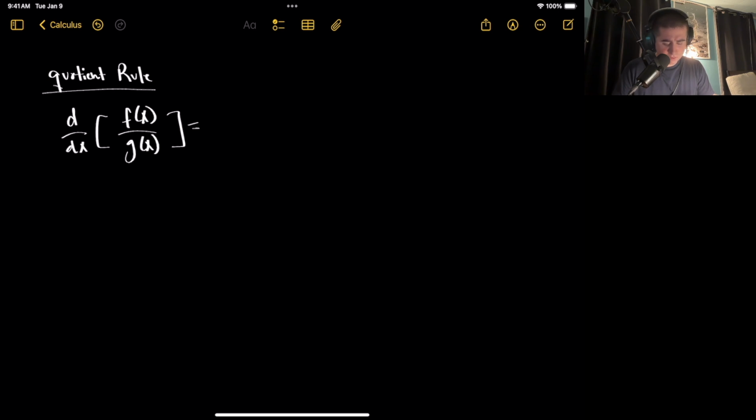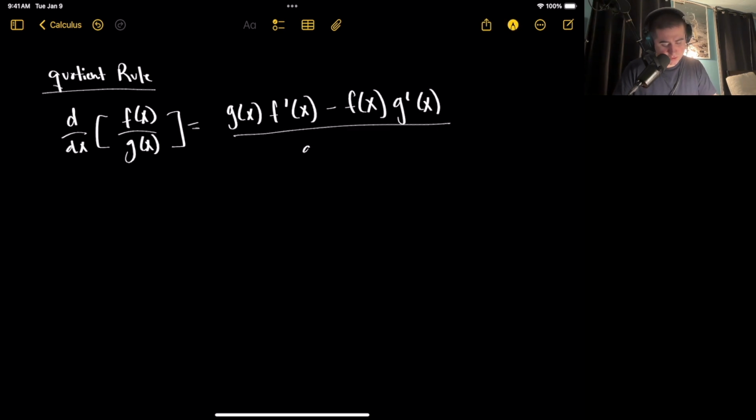So what we'll do is have g of x on the outside. What that looks like is g of x times f prime of x minus f of x times g prime of x, over g of x squared.